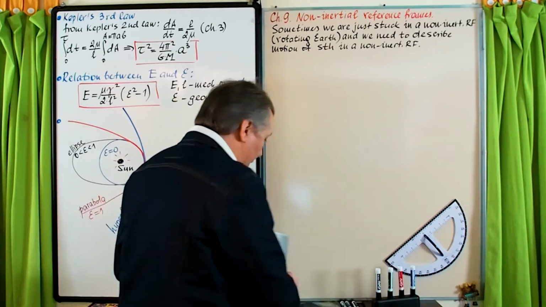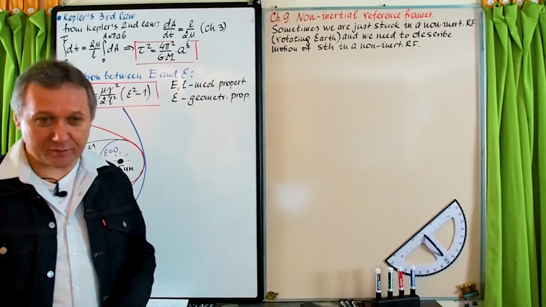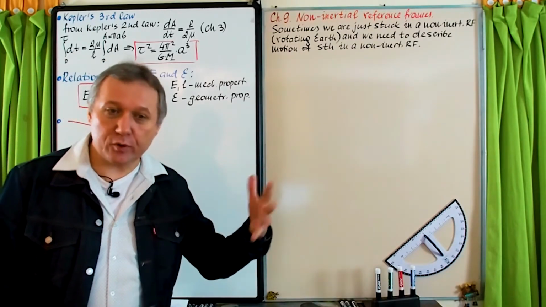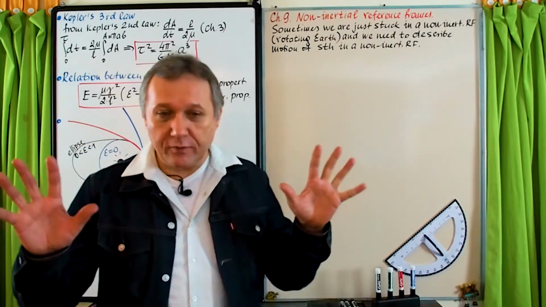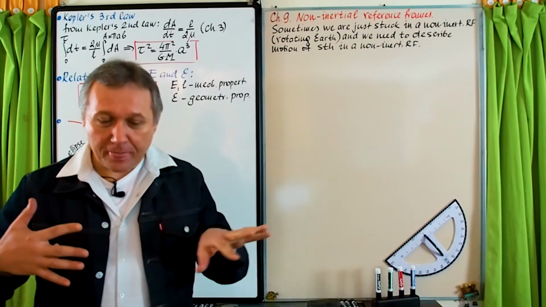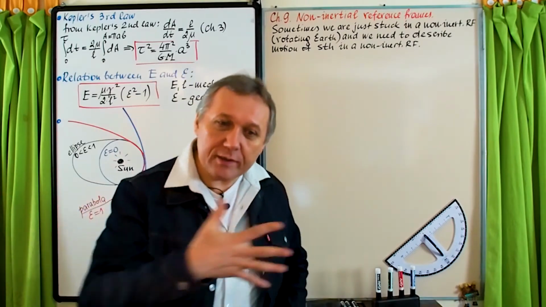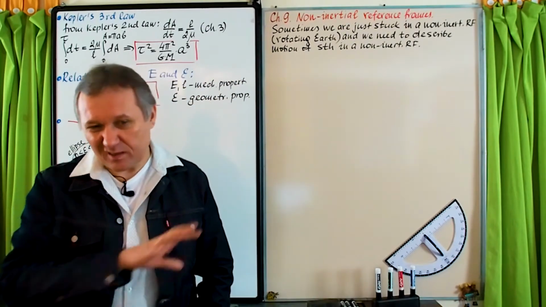As a result, we need to develop a procedure which can be used to describe the motion of objects from the point of view of a non-inertial reference frame. We're going to divide this process into two steps. First, a reference frame which experiences only translational acceleration, which is very simple.